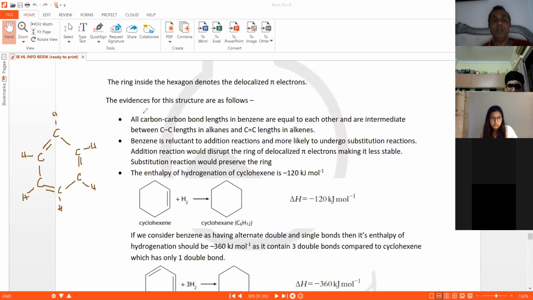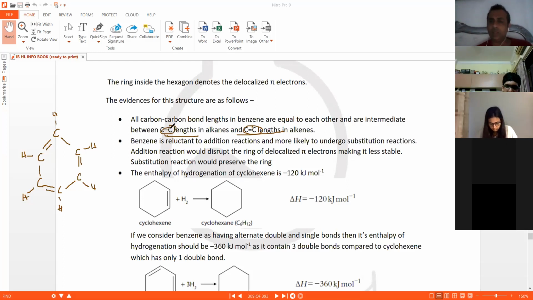But the experimental evidence shows that all six carbon bonds are identical, same length, same strength. The length is intermediate between single bond and double bond, meaning it is longer than the double bond and shorter than the single bond, same as resonance.